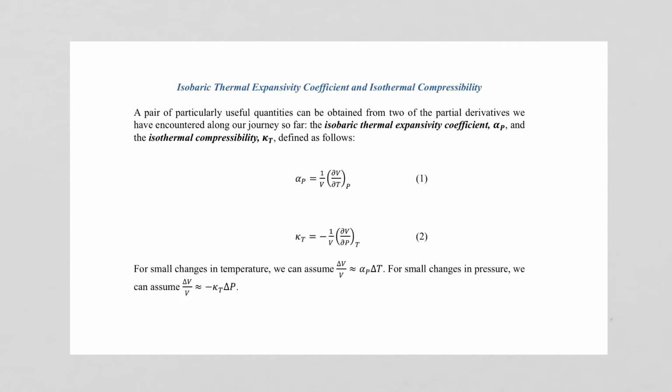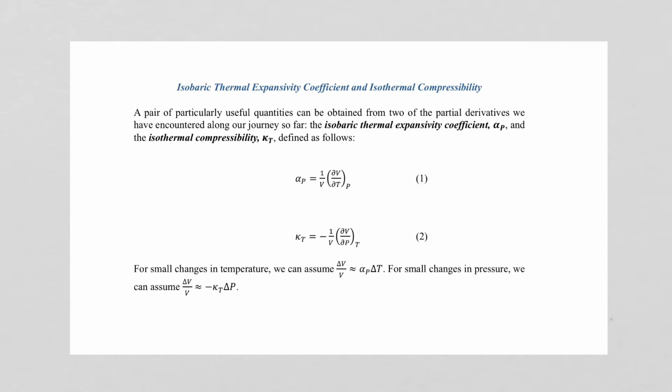So alpha P is going to be relevant when we're changing the temperature at a constant pressure, and then our kappa T will be relevant when we're changing the pressure with a constant temperature.